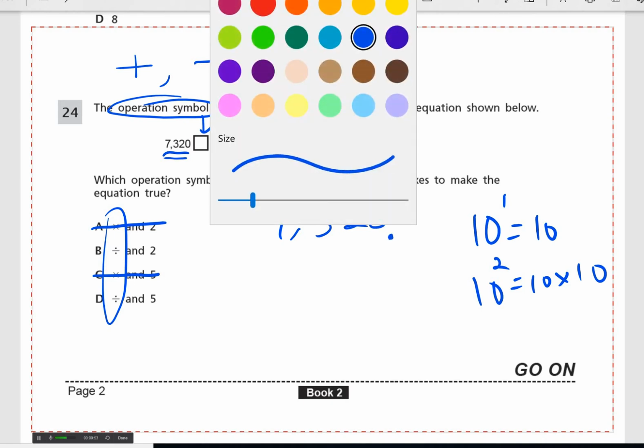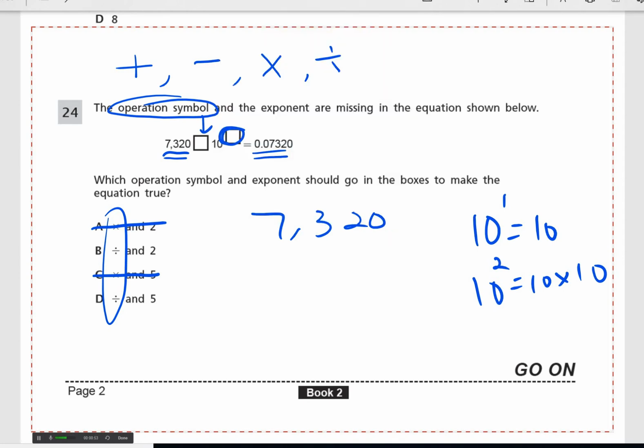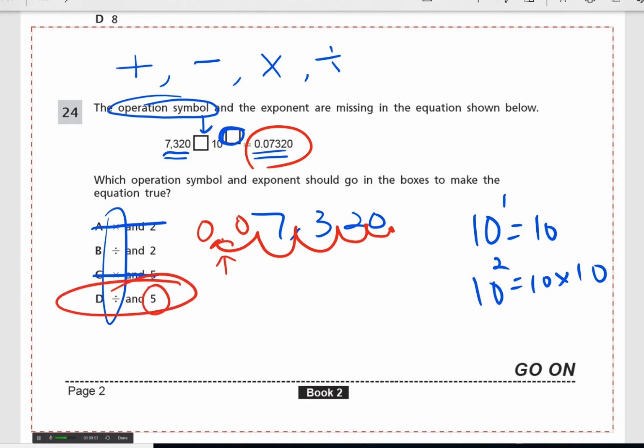Let me change the color so it's easier for you to see. Here. And then you want it to be right here, 0.07. So the red decimal from the back moves how many places to here? Count 1, 2, 3, 4, 5. That's why the answer is 5. So the answer is D.